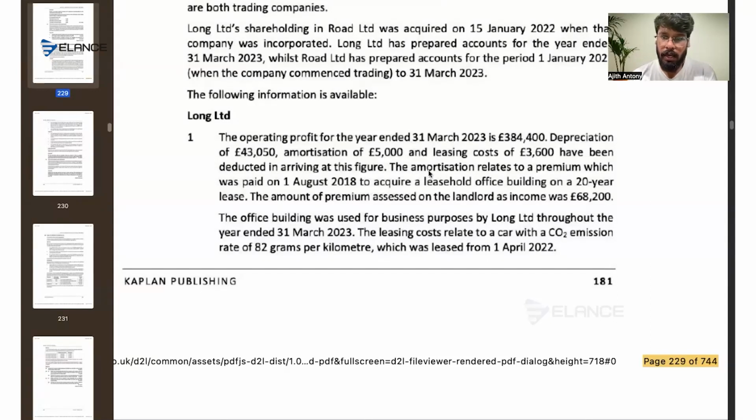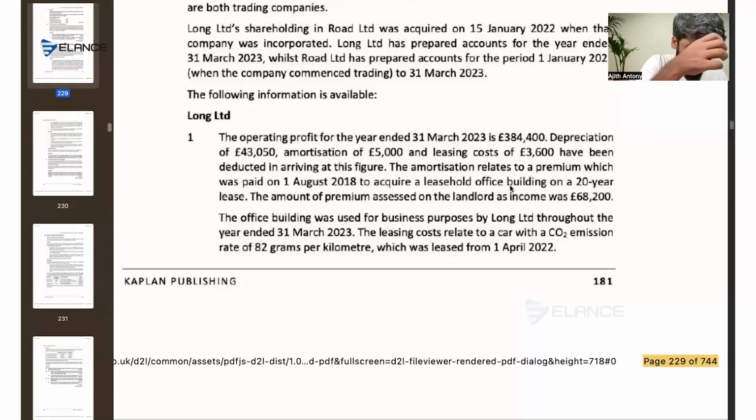Okay, so here this amortization is related to a leasehold office building on a 20-year lease. The amount of premium assessed on the landlord as income was 68,200.